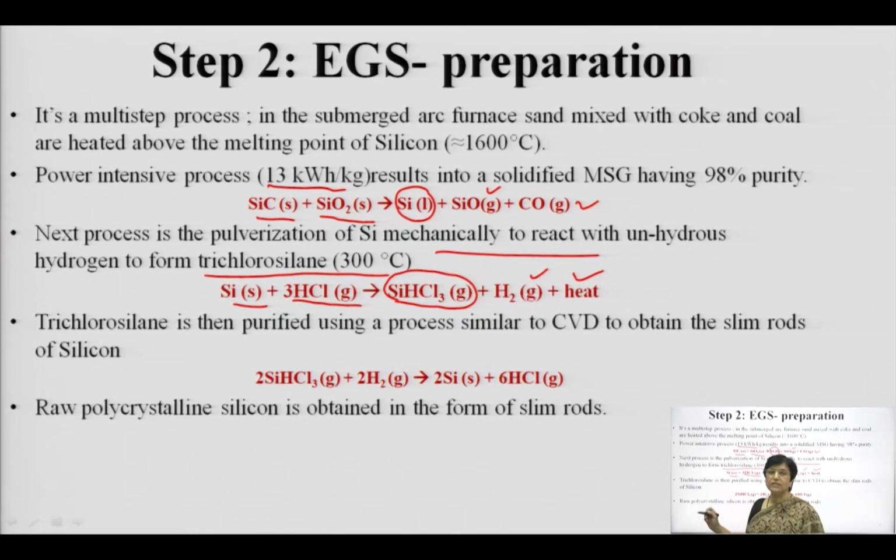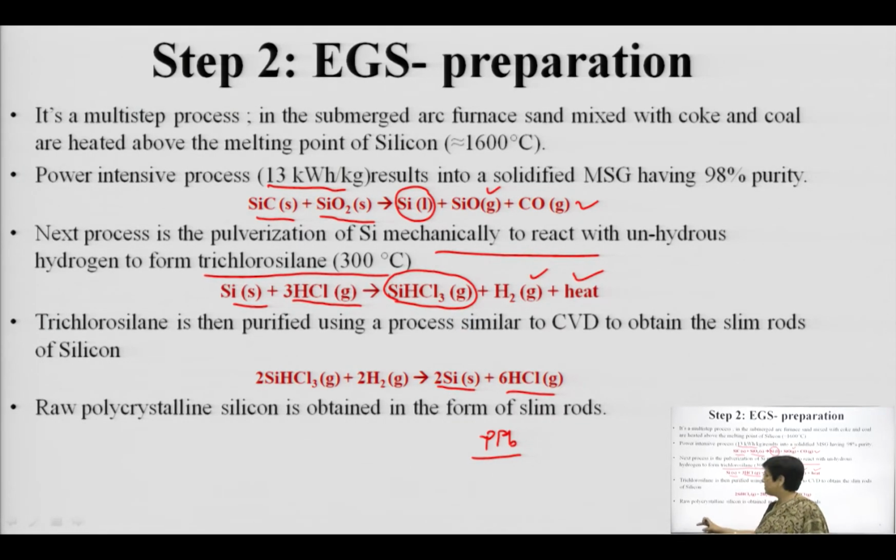The trichlorosilane is then purified to obtain silicon, and this silicon has comparatively less impurity. The impurities are to some extent at the level of parts per billion: you will have some metallic impurities, oxygen and carbon impurities, which are manageable.